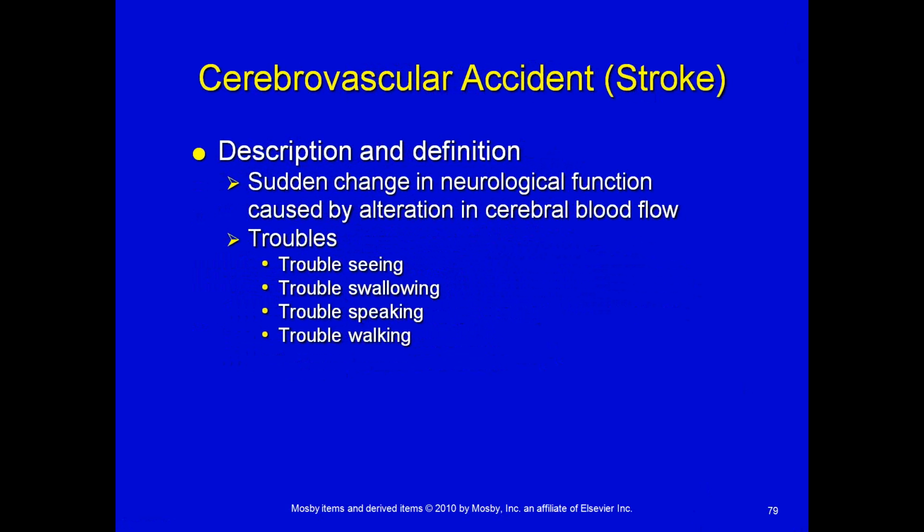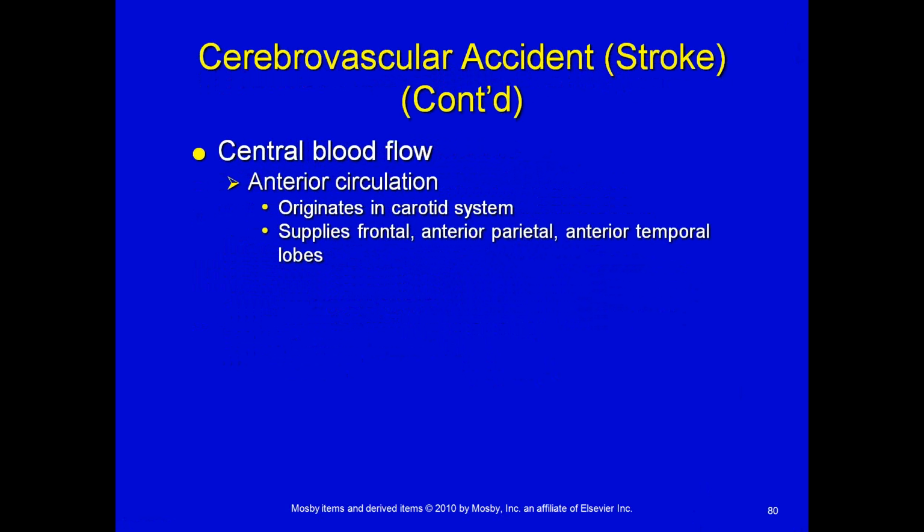Patients may have trouble seeing, swallowing, speaking, walking, numbness, tingling, paralysis, particularly on one side of the body, facial droop, arm drift, slurred speech. All those things we've been taught to look for may be present with a cerebrovascular accident.